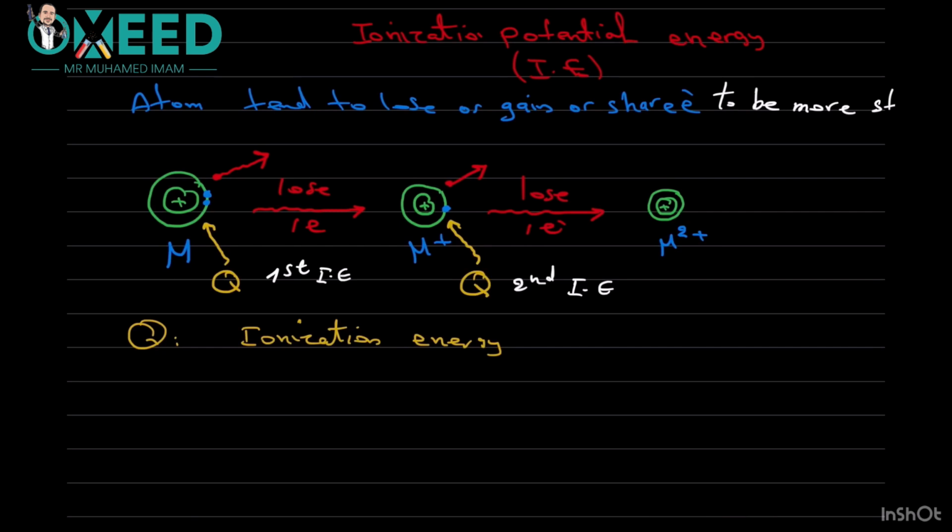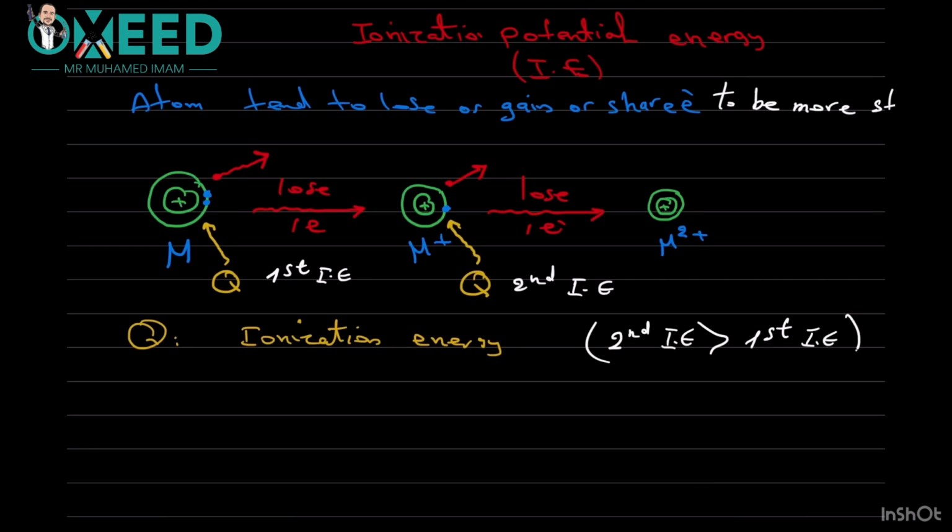We observe that the second ionization energy is much bigger than the first ionization energy. And also, if a third electron is lost, we find that the third ionization energy is bigger than the second, which is bigger than the first. Why is that? Because by losing electrons, the atomic size decreases. So the atomic size is inversely proportional to the ionization energy.